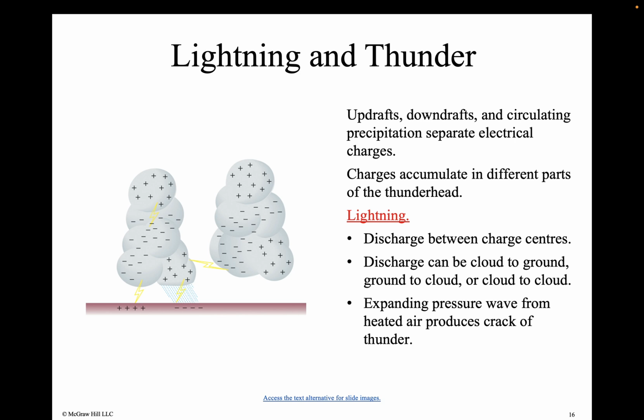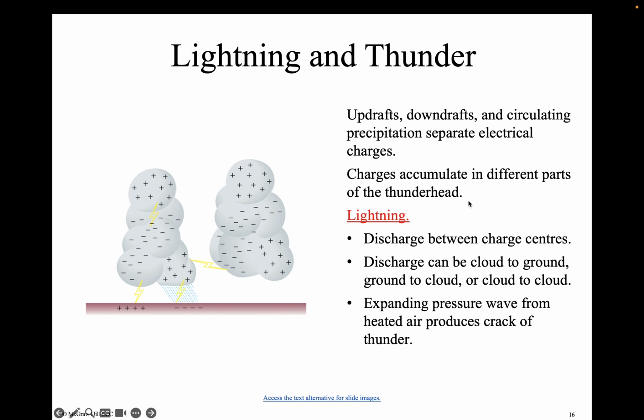So the very first thing that happens is that these updrafts and downdrafts of air moving up and down separate the electrical charges. And then these charges will eventually accumulate in different parts of the, I don't know why it says thunderhead here, but it should be the thunder cloud, which is this thing that you were looking at.